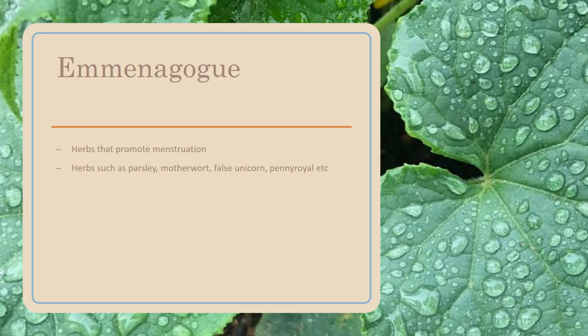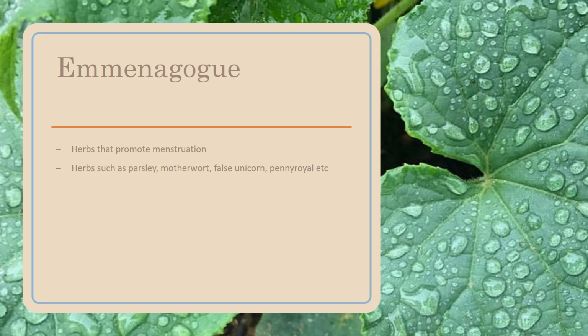It's said that one of my favorite herbs, lemon balm, can be used as an emmenagogue. Others include black cohosh, blue cohosh, European vervain, feverfew, ginger root, life root, hyssop, and quite a few others.